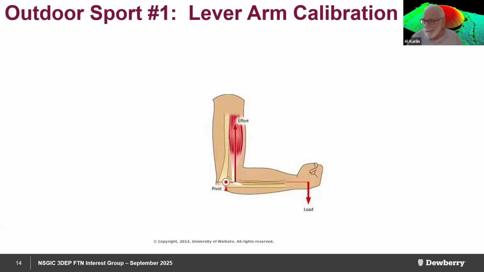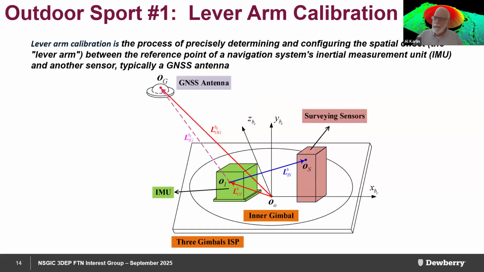This is obviously an arm, and we're looking at a lever, and we're measuring distances. Well, nothing to do with LiDAR, except that before we can fly a LiDAR project, we need to calibrate the instruments. The lever arm calibration, for those of you who may not know it, used to be performed in the aircraft.